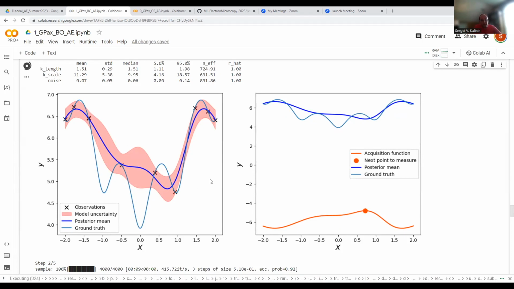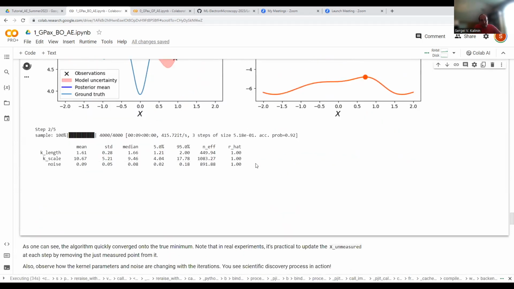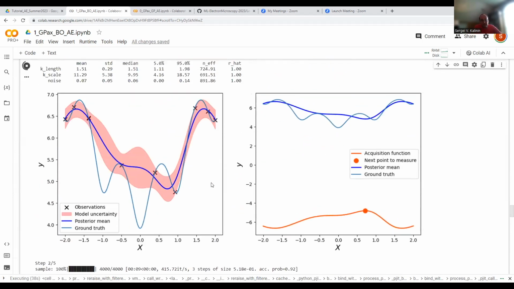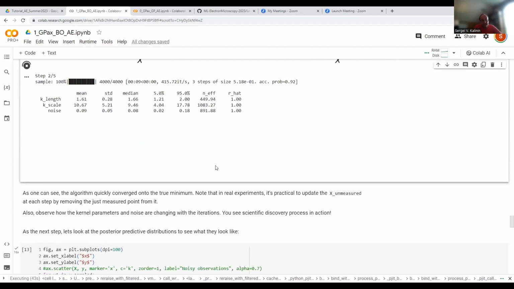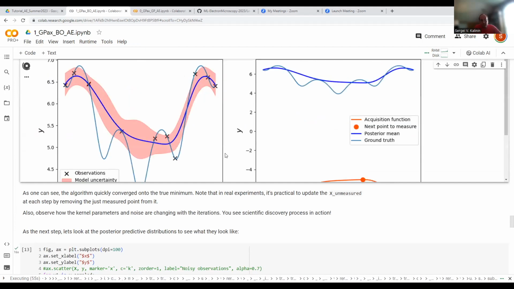We always start with the same points. So let's see what goes on. So our first measurement is done here again. So let's see what happens with the second measurement. So our second measurement is done here.